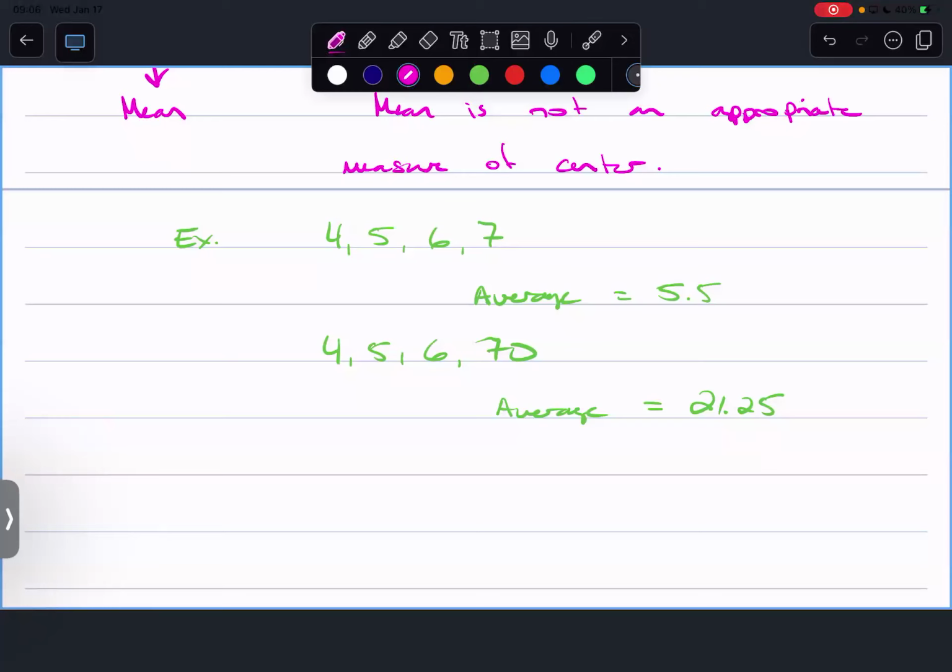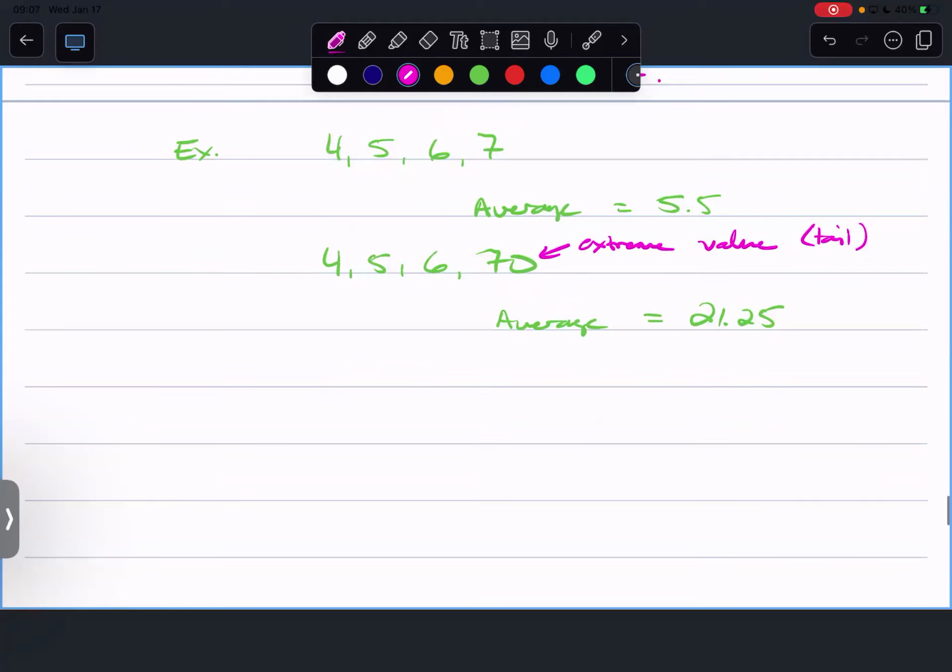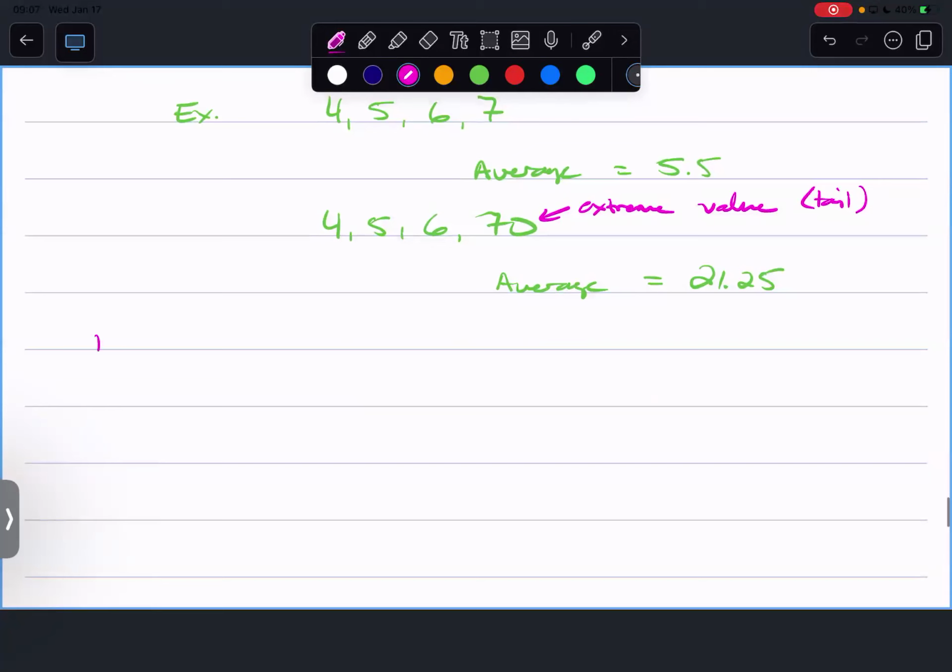Here, this would be an extreme value, which would generate a tail in our distribution visually.